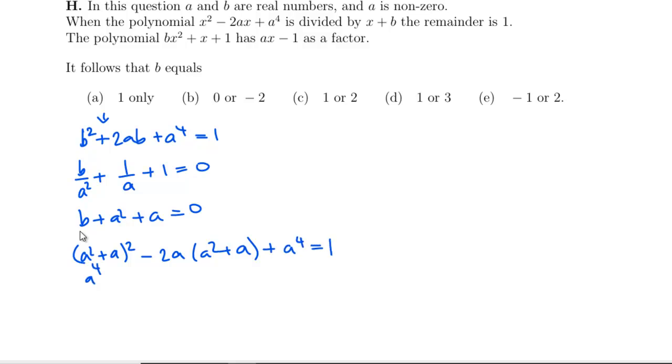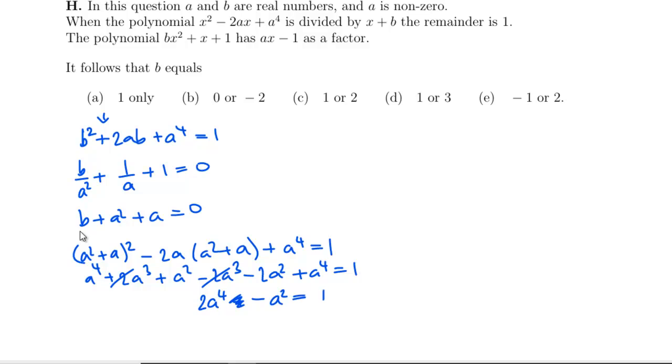So a to the 4 plus 2a cubed plus a squared minus 2a cubed minus 2a squared plus a to the 4 equals 1. They cancel. So that's 2a to the 4, minus a squared equals 1.